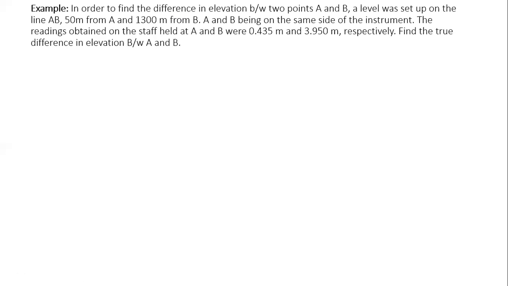So there is no need to apply any correction for the staff reading at point A. That is, this reading is correct here, 0.435. But here the distance of point B from the instrument is 1300 meter.